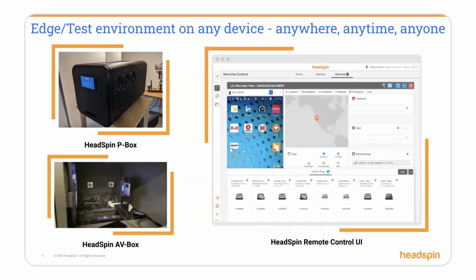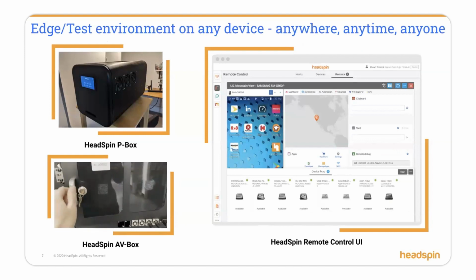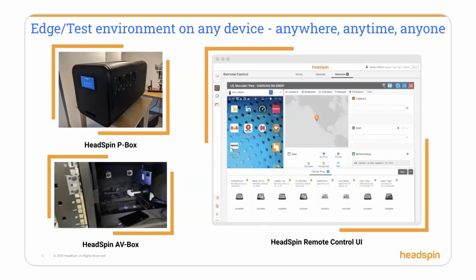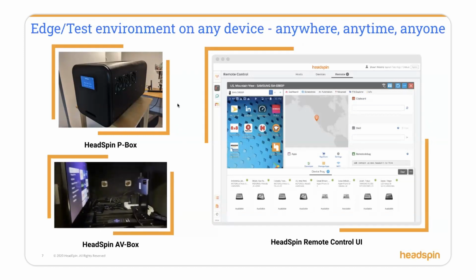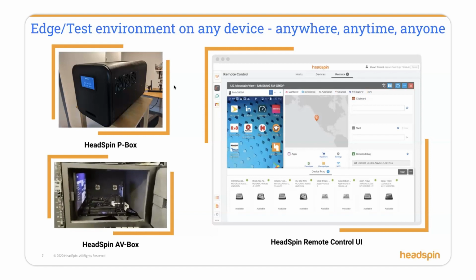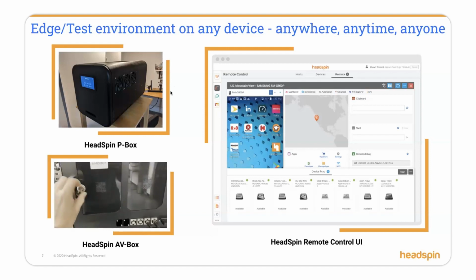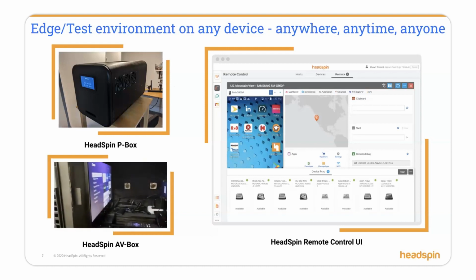So if you're looking for an on-premise deployment and you wanted to host your own devices internally in your data centers, we have appliances called the P box and the AV box that you can see here on the left-hand side, which you can essentially leverage to deploy and put up to 24 devices in a P box and 2 devices in an AV box.